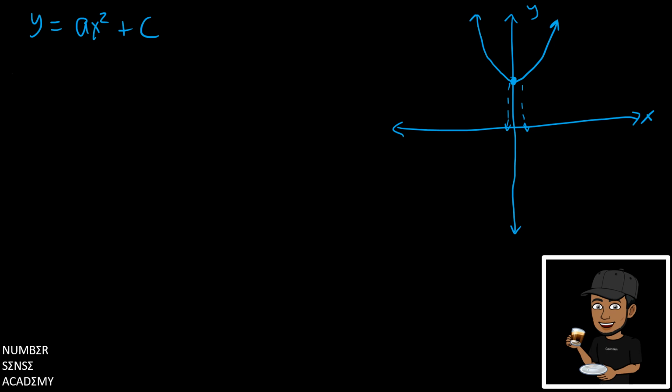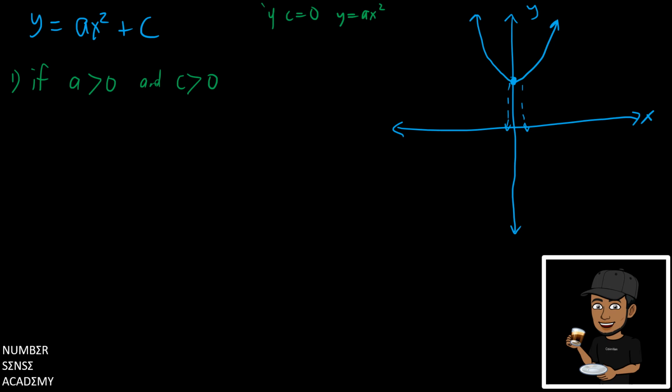Number one rule: if a is greater than 0, so it's positive, and c is also greater than 0, that means it's not touching the origin. Remember, if c is equal to 0, then we just have y equals ax squared, and we know that goes through the origin.